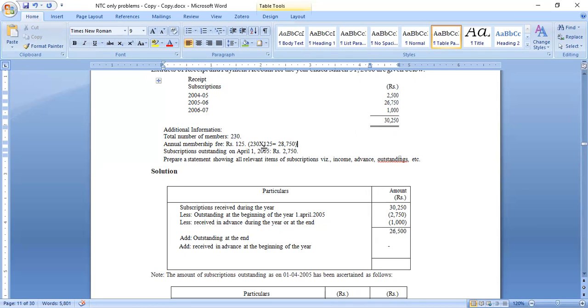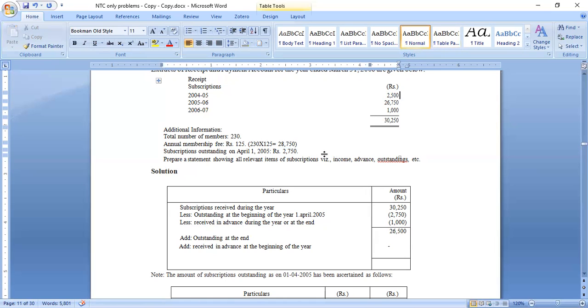If you see the subscriptions outstanding, which belongs to the previous year, is 2750, and we assume that it is received and we deducted it. So still 250 yet to receive.